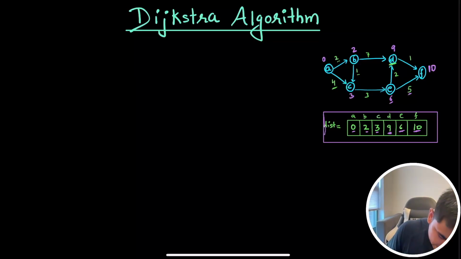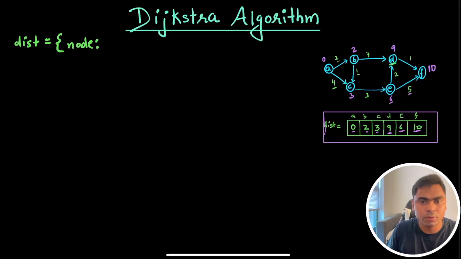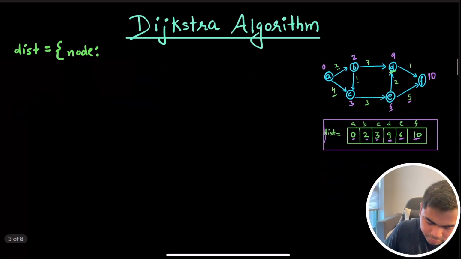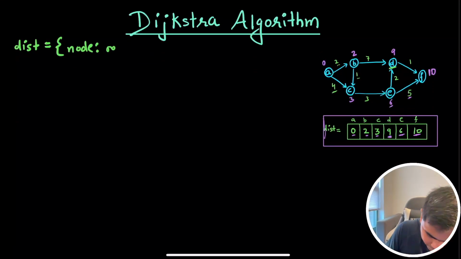So first thing first, we're going to have this distance array, or dictionary, you can call it. This dictionary is going to have the node, and next to the node, I'm going to assign infinity. So infinity for all the nodes in the graph.